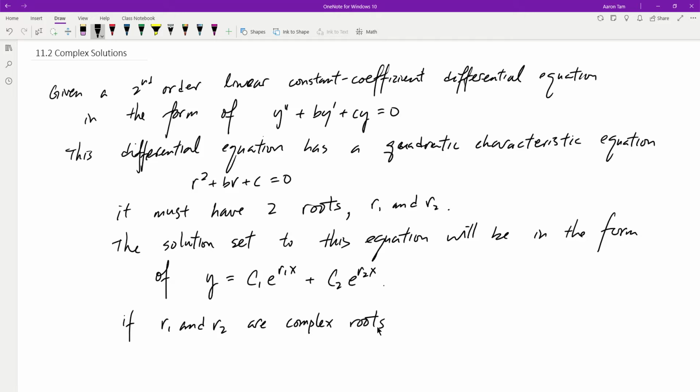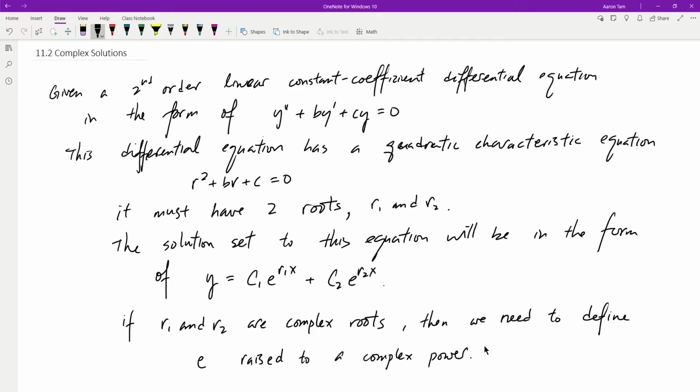The only problem here is the following. If r1 and r2 are complex roots, and yes, because if they're complex roots, they have to be two distinct roots, then we need to define e raised to a complex power.